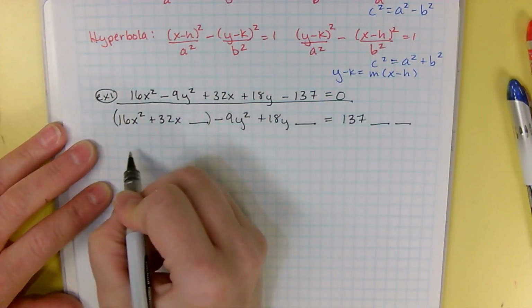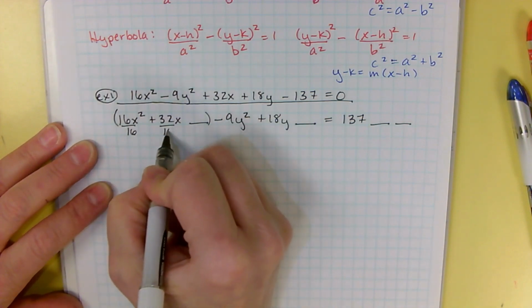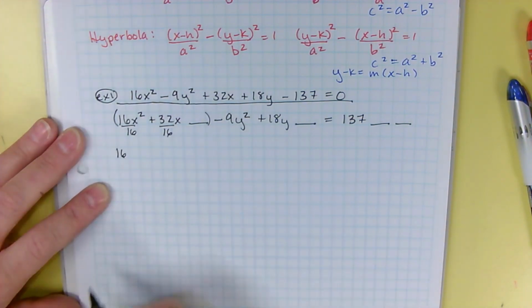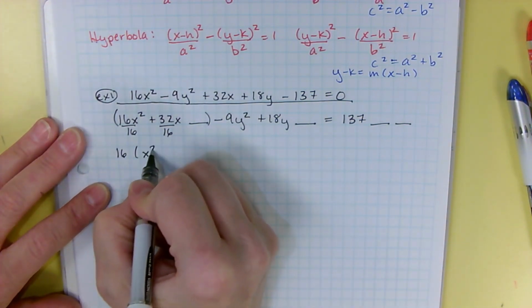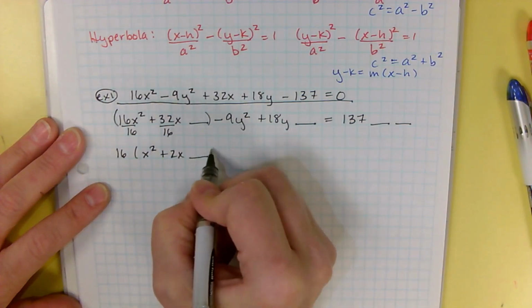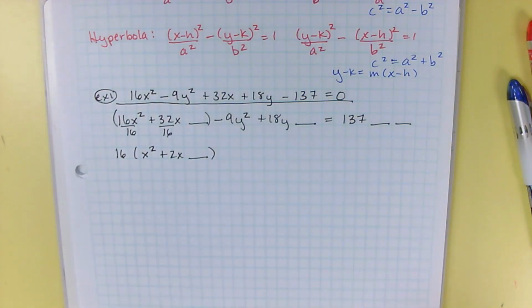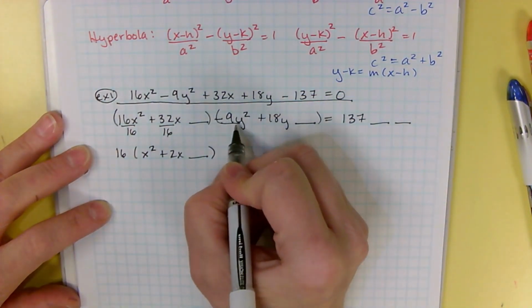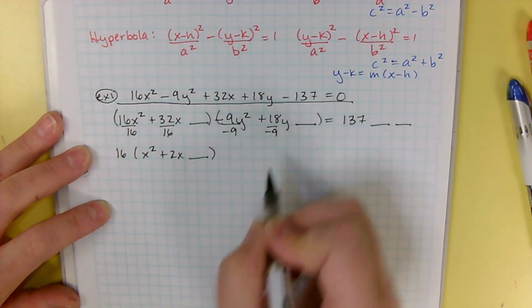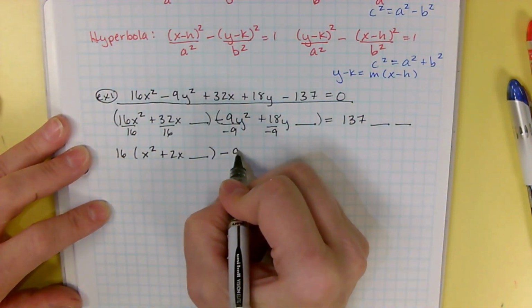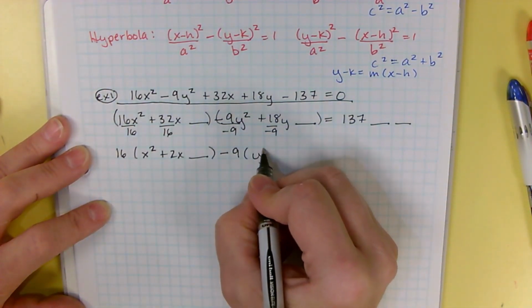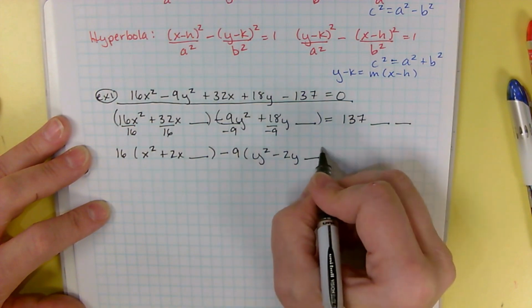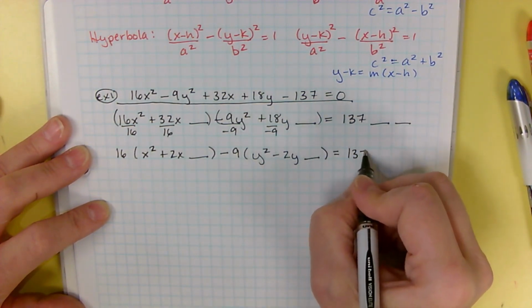Out of the x's, I need to divide both of those by 16. 16 goes to the front, and you've got x squared plus 2x, leave a space, which is much nicer. Out of the y's, I can't have the minus 9, so I'm going to divide a minus 9 out. So minus 9, and that gives me y squared minus 2y, leave a space.